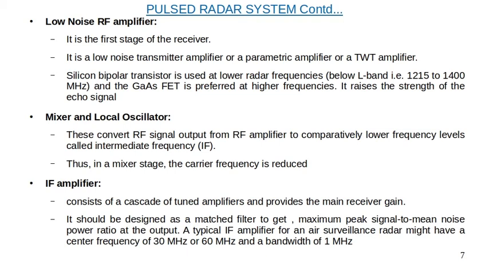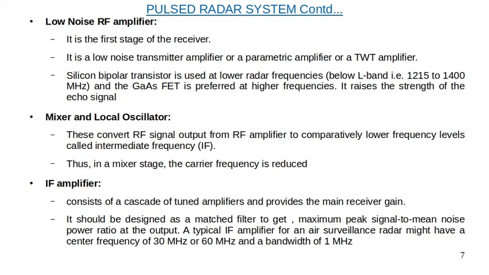After the low noise RF amplifier, the next section is mixer and local oscillator section. This mixer and local oscillator section converts the RF signal output from the RF amplifier to comparatively lower frequency levels called intermediate frequency. Thus, in a mixer stage, the carrier frequency is reduced.